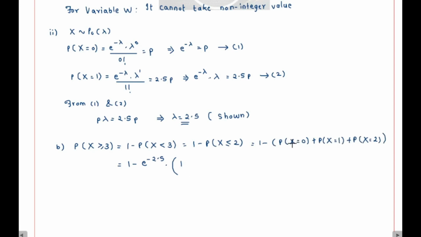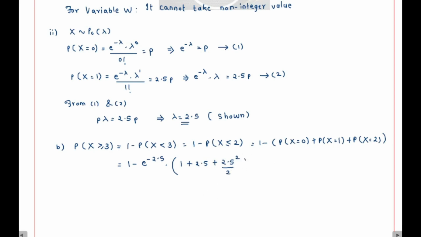So inside what I'll get? For probability of X equal to 0, I'll get 1. Then for probability of X equal to 1, I'll get lambda, that is 2.5, plus for probability of X equal to 2, I'll get 2.5 square upon 2 factorial, correct? And 2 factorial is nothing but 2.